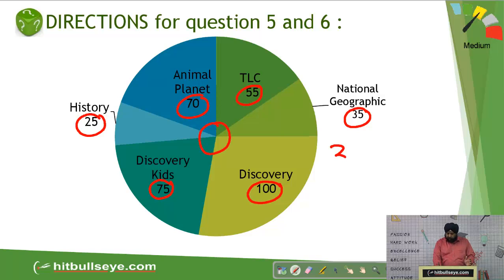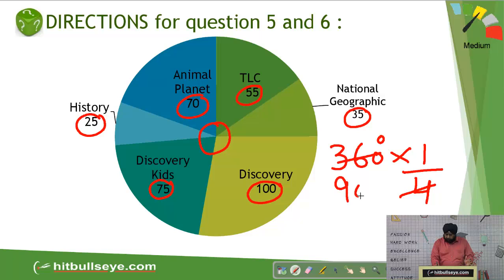In order to have viewership more than 25%, the channel should have a share of more than 25%, that is 1/4, which comes out to be 90 degree. So the channel which will be having a share of more than 90 degree in the pie will have viewership more than 25%. So it is just a question of visualization.